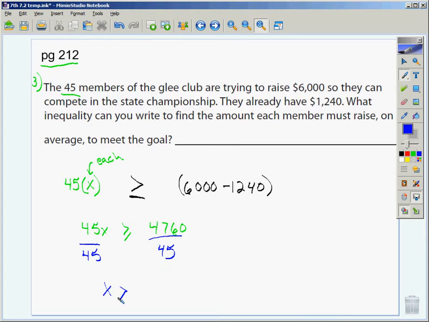It's going to come out to 105.77, and it's actually repeating. In dollar amount, that means that each student is going to have to raise $105.78. It is going to have to round up, because if they raise 77 cents, would they have enough? No, it's going to come up short.